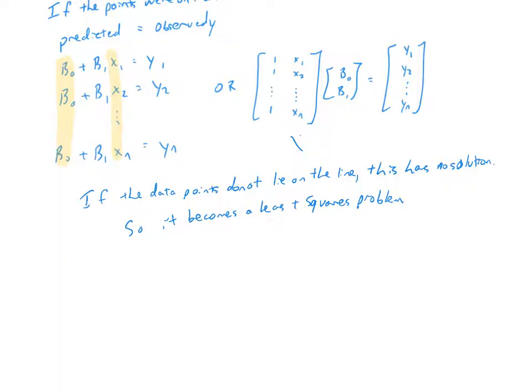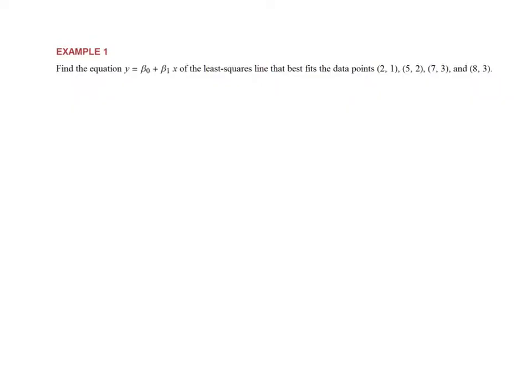Well, if it's capital X, B equals Y, we're going to take X transpose times X, times B equals X transpose times Y. That is how we're going to come up with the best solution. That's going to produce the b0 and the b1 that get us as close as possible to all of those y coordinates.